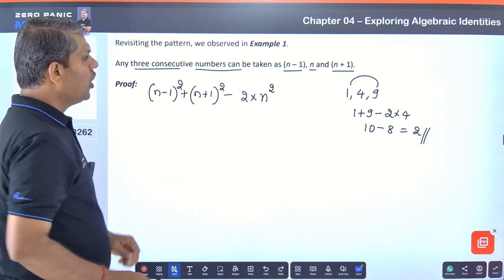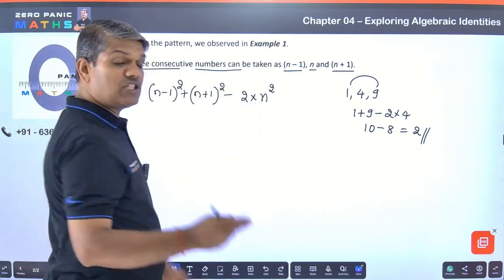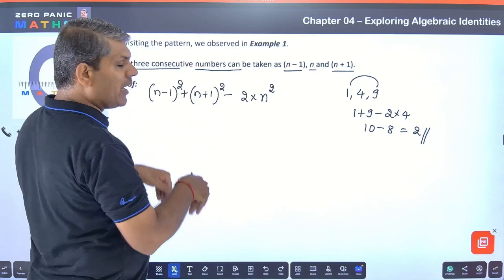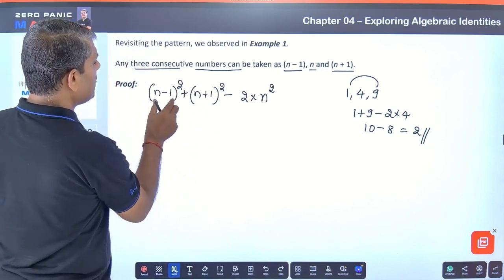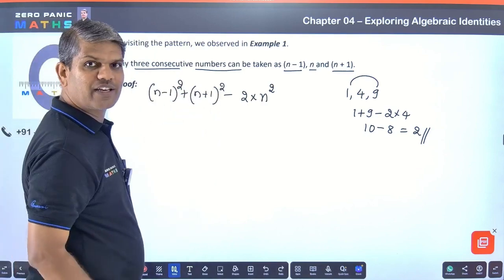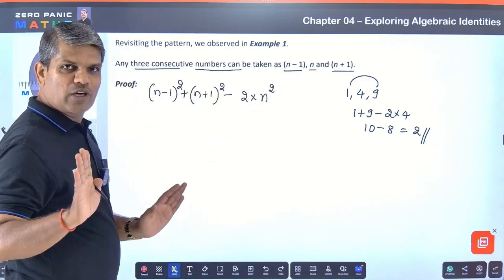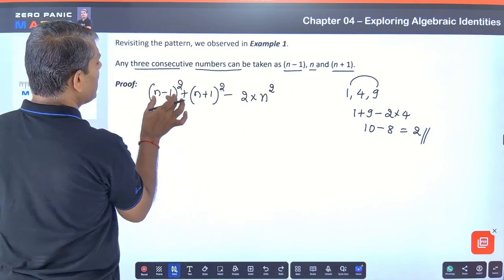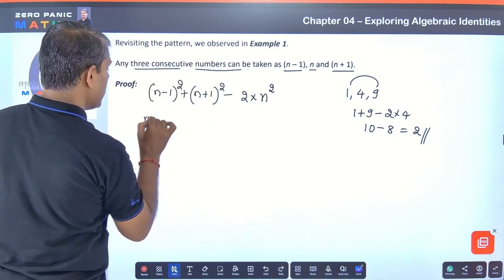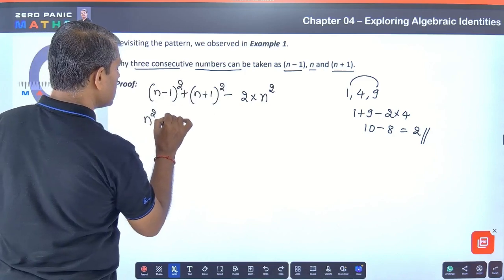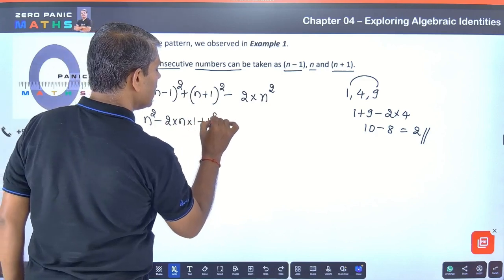You understood this? Now, why have I taken the proof of example one which we started with? Because now I know the 2 identities, a minus b whole square and a plus b whole square, so I can substitute those values and the proof will be easy. Let me expand (n minus 1) whole square as a square, that is n square, minus 2ab, where a is n and b is 1, plus b square, that is 1 square.